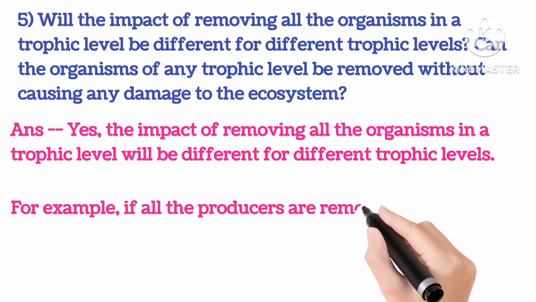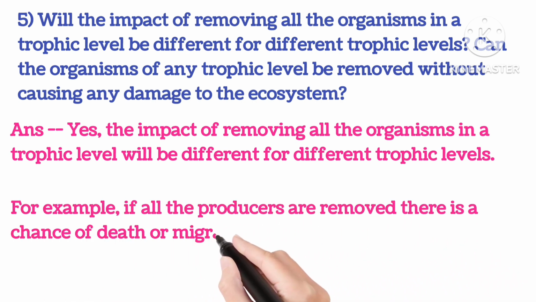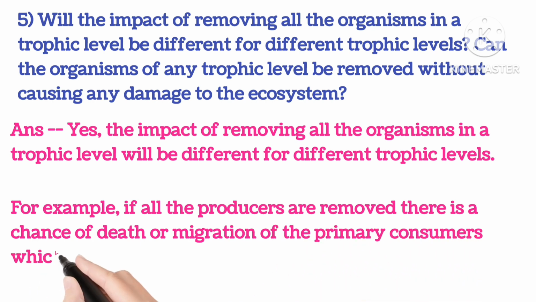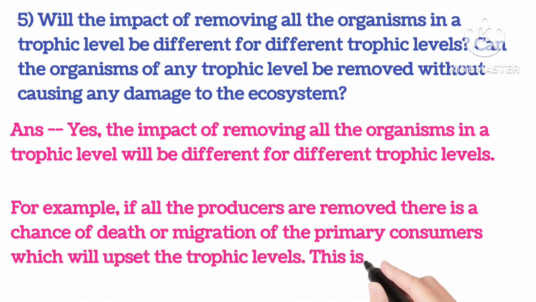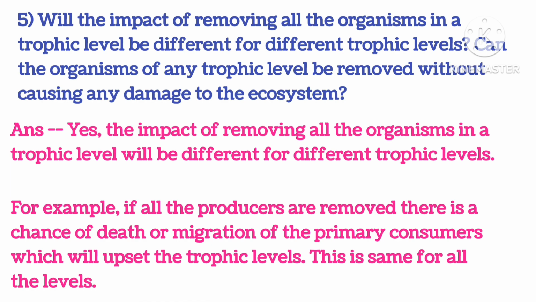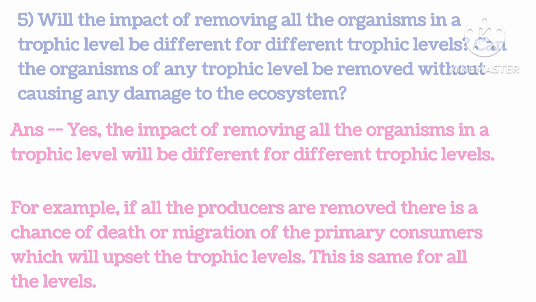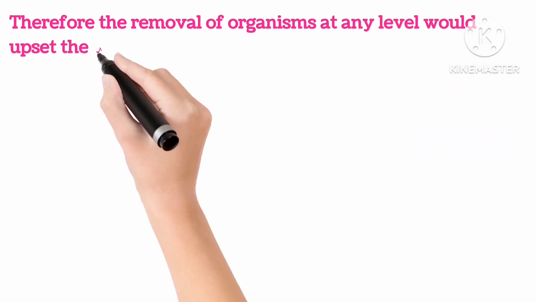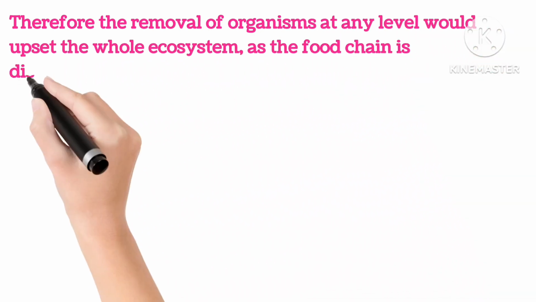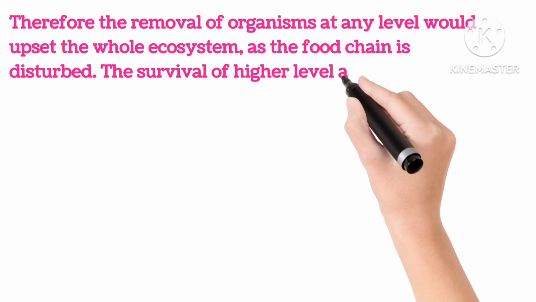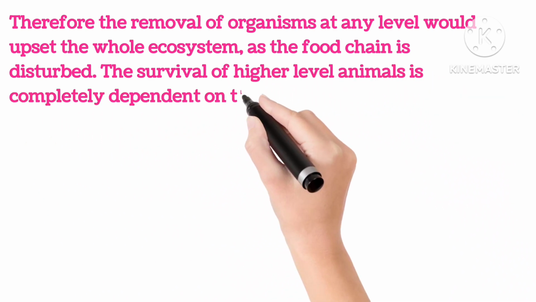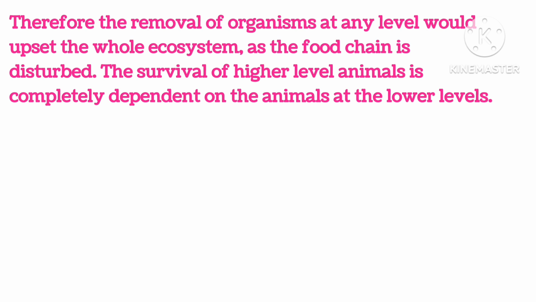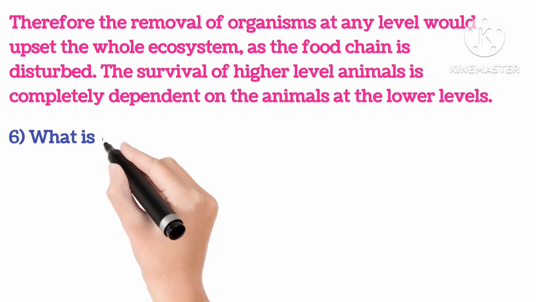For example, if all the producers are removed, there is chance of death or migration of primary consumers which will upset the trophic levels. This is same for all the levels. Therefore, the removal of organism at any level would upset the whole ecosystem as the food chain is disturbed and the survival of higher level animal is completely dependent on the animals at the lower levels.